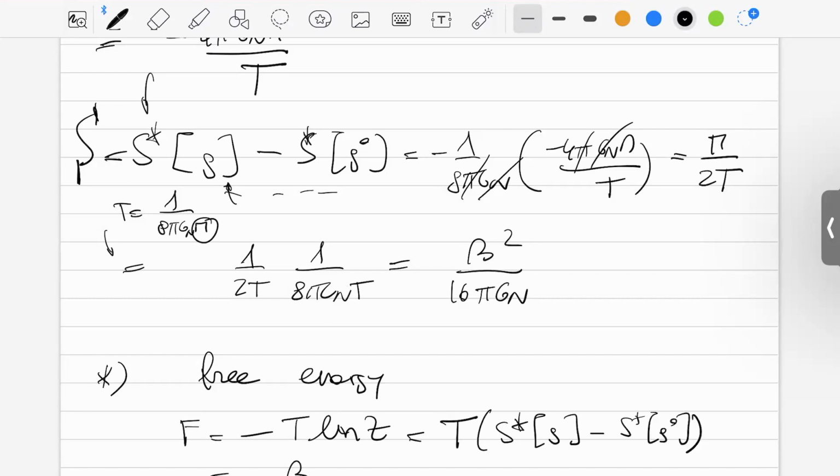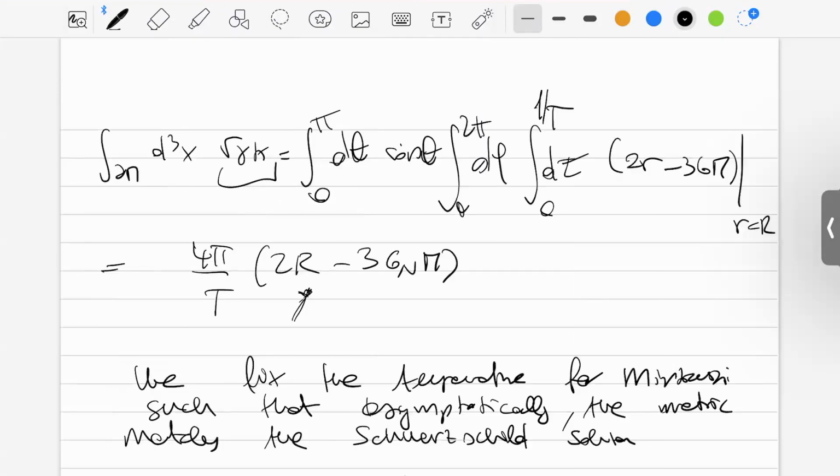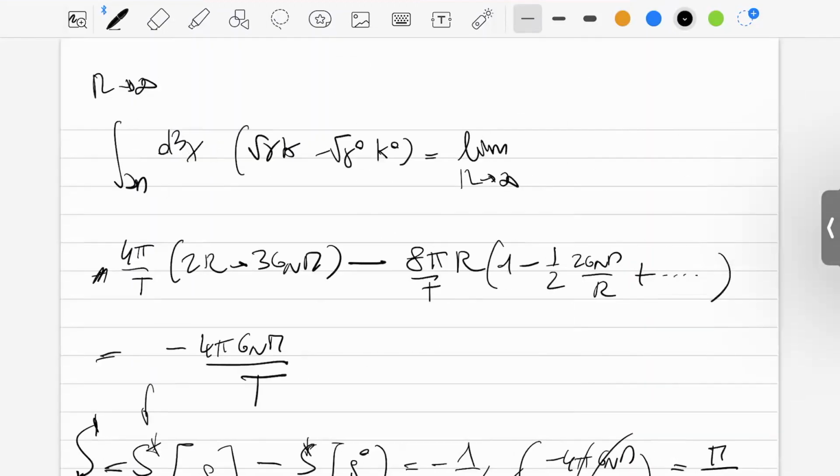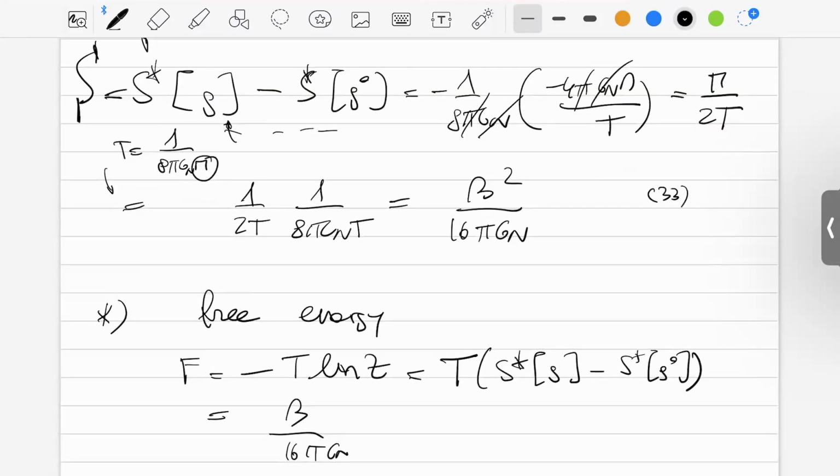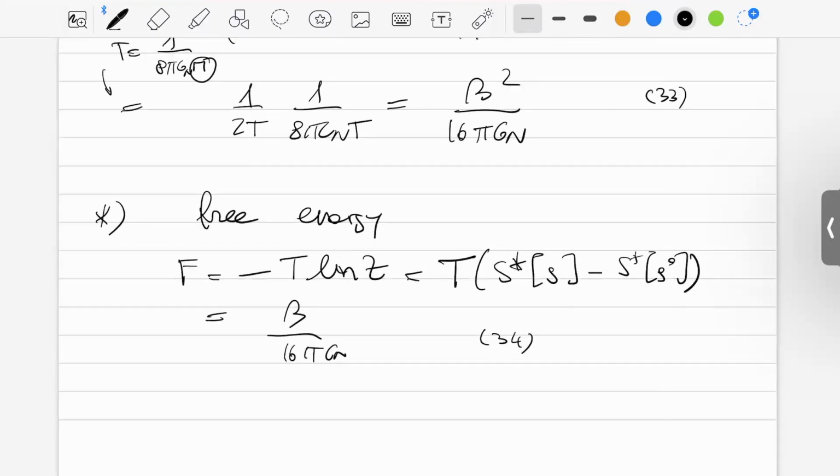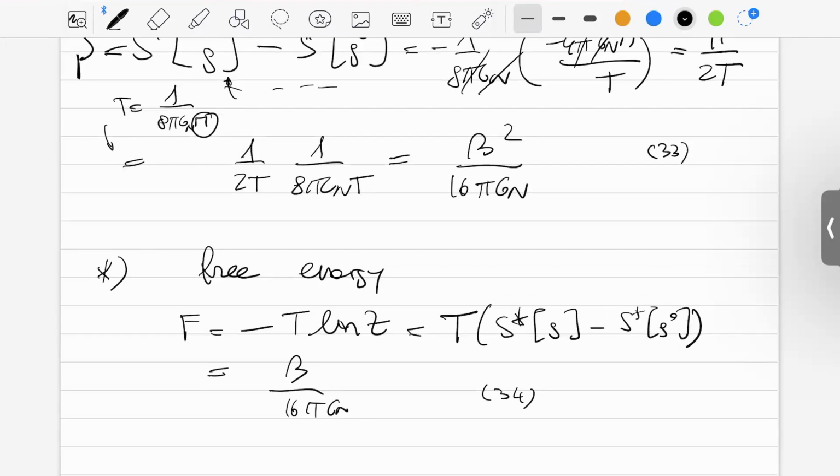So this means that this is beta divided by 16 pi G. And yeah, I also give it a number: this is my 33, 34. So this is the free energy. Then we can compute the total energy.